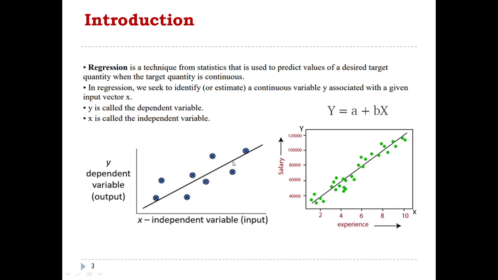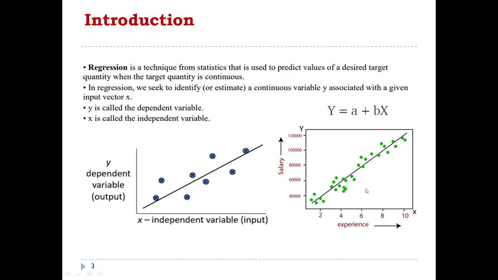So let's consider one example of predicting the salary of an employee based on his or her working experience. We can easily identify that there seems to be a correlation between employee's salary and his or her experience.